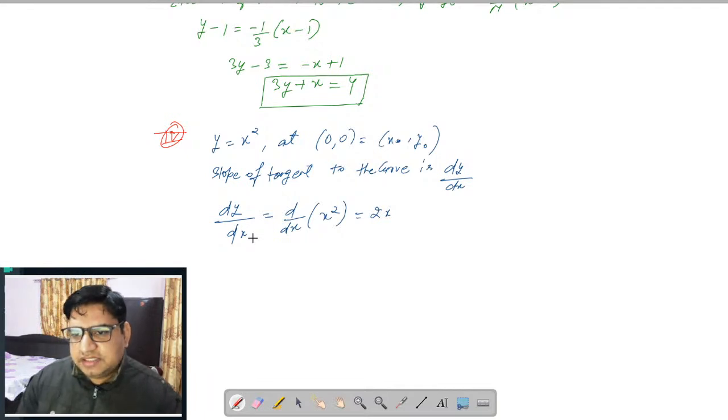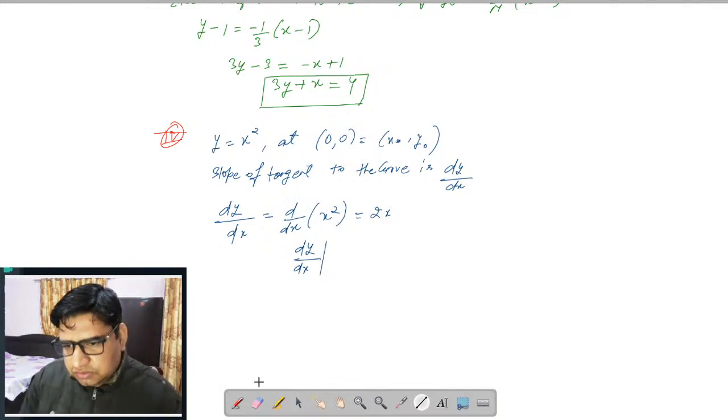And dy by dx at 0 0, or you can simply write x is equal to 0, at x is equal to 0 it is 2 into 0, which is 0.